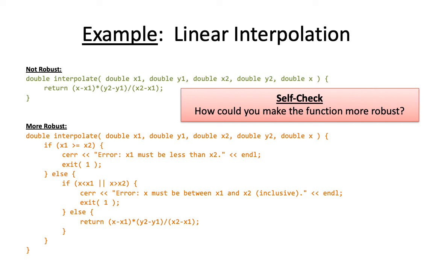I should only do linear interpolation if x is between those two endpoints. If it's outside of those endpoints, then maybe I shouldn't be interpolating. So I'm making my code more robust by checking these assumptions. Now, if x is not less than x1 and not greater than x2, then I'll go to the else statement and I'll return the same thing as what I had before.